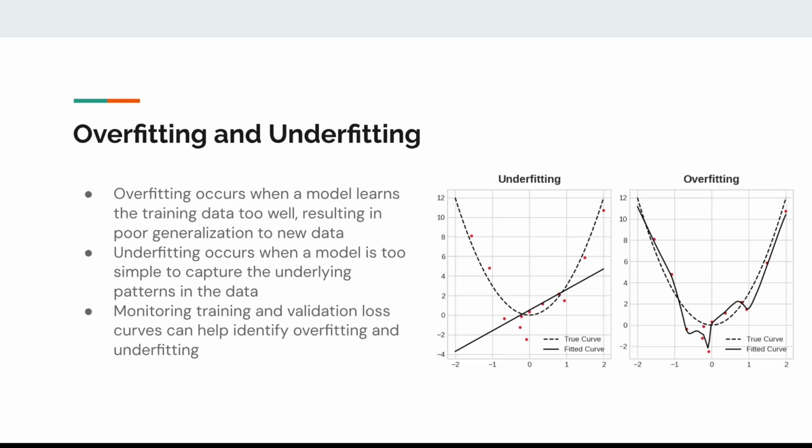It is like studying only past exam questions but failing to answer new ones. And then underfitting happens when a model is too simple and doesn't learn enough. It's like trying to play basketball without practicing properly. So, to build a good model, we need to balance between the two.